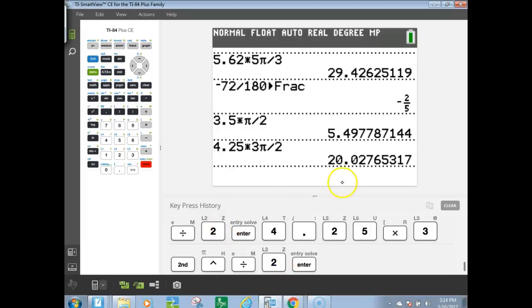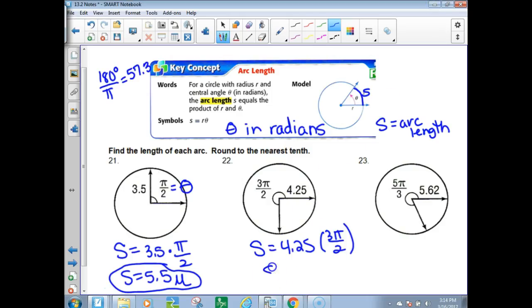Not sure what you mean. Oh, okay. You meant arrow up instead of the little caret key, if you will. Okay, I got it. 20.2 units. Oh, no, it was 20.0, wasn't it? Because that was 02. Was it 20.02? So if we're going to go to the tenth, it'd be 20.0.